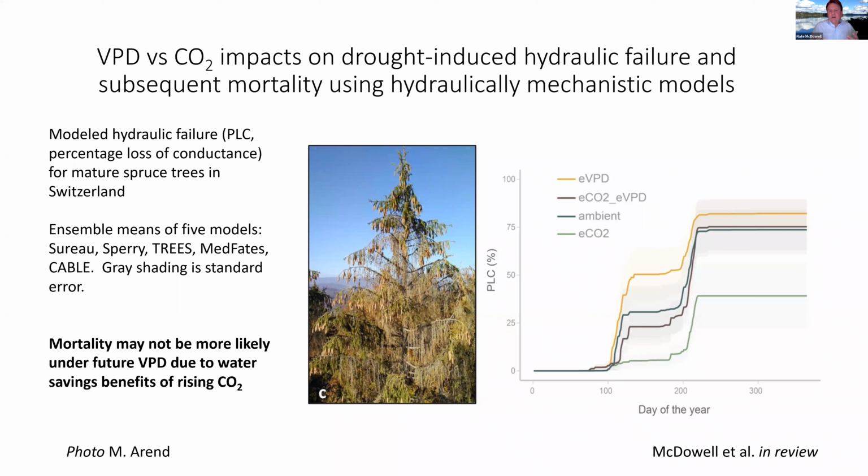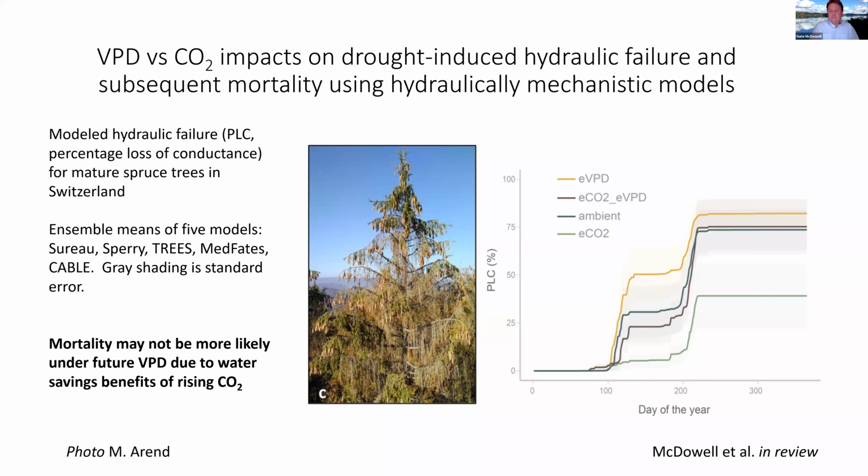And after validating the model, we ran them forward under an elevated VPD scenario or an elevated CO2 scenario or both. And what you can see here is some logical results. First, VPD rising tends to cause more hydraulic failure and more likelihood of death. Elevated CO2 creates a significant water savings in the models and suggests that the trees may survive better under elevated CO2.